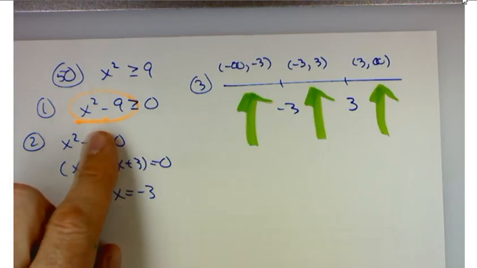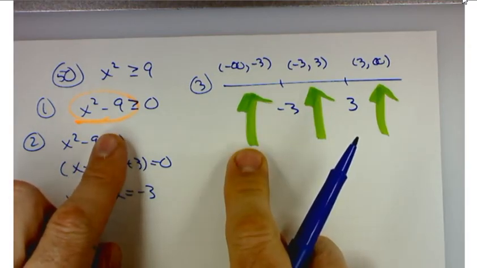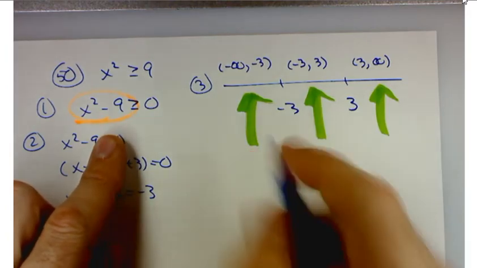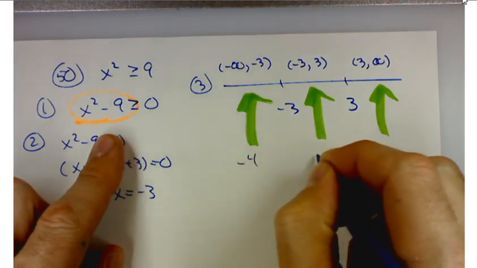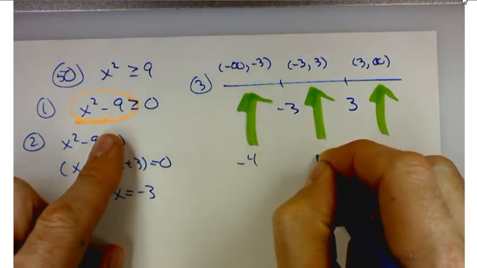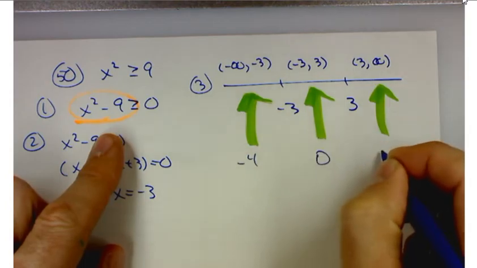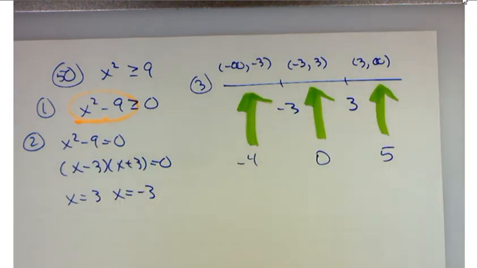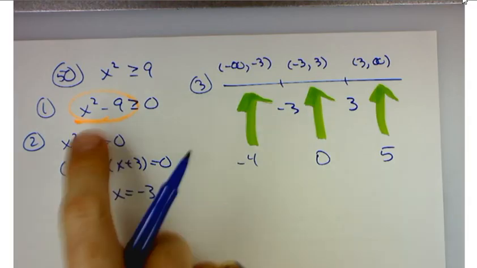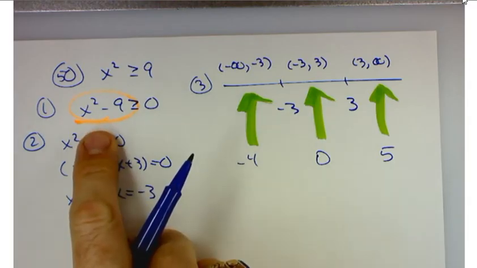So, what would be some good test points here? Negative 4, 0, 1. Let's do 5, just for something different, right? Now, you could go back and plug these into your calculator, but I think this is a simple enough expression we can do it without our calculator.